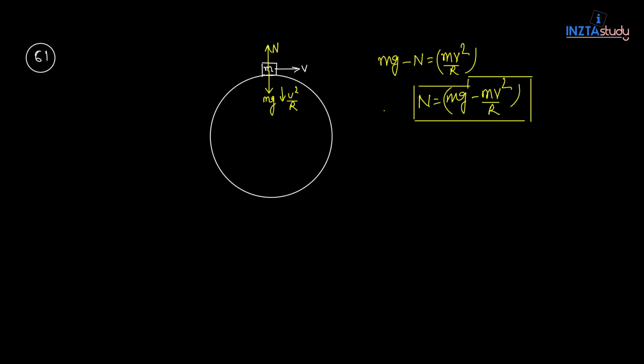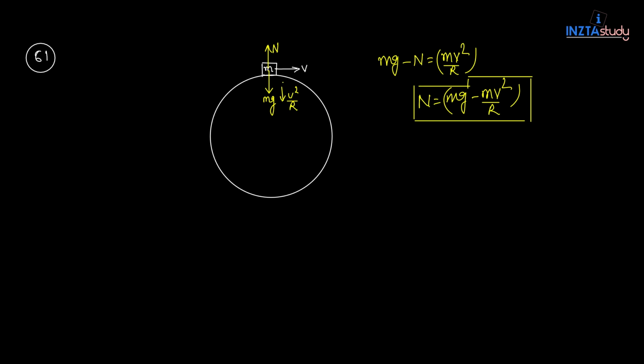the surface at the top position. Part B: what should be the minimum value of v for which the particle does not slip on the sphere? Here it is asking what should be the minimum value so that it will not slip. It means it is losing contact here.